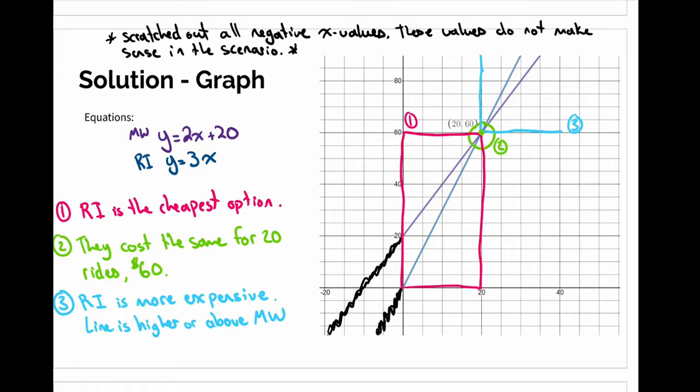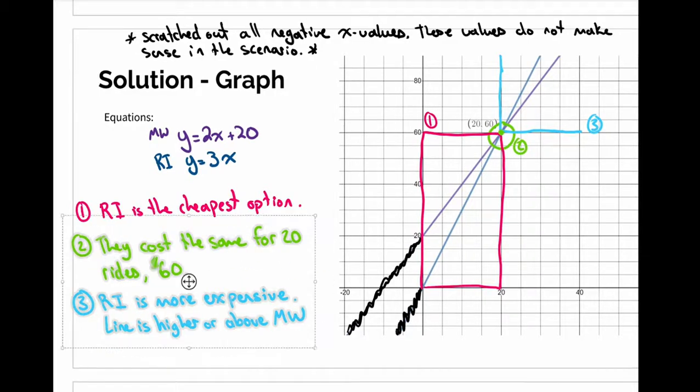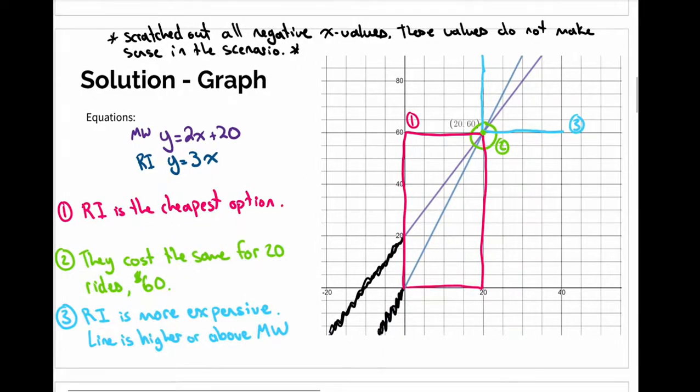We can use the same reasoning for the first one. So RI is the cheapest option. Line is lower or below Mathemagical World. So that same reasoning applies in the opposite. So it's the cheapest option because it's below. It's the more expensive line because it's higher.